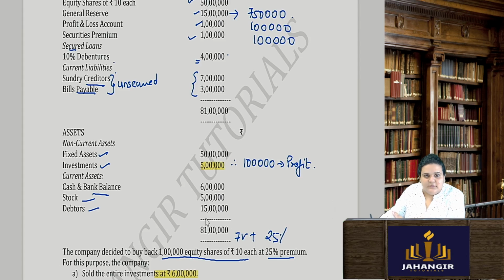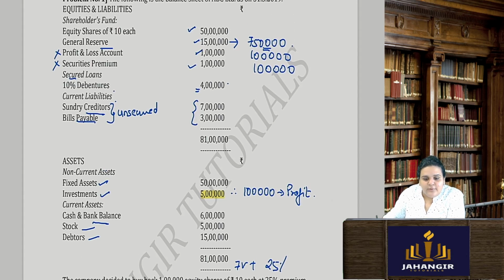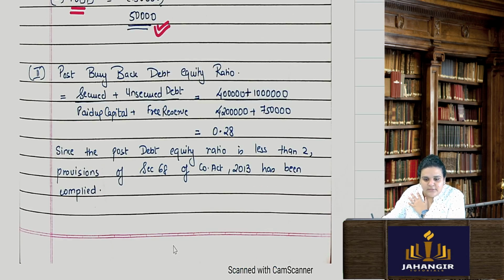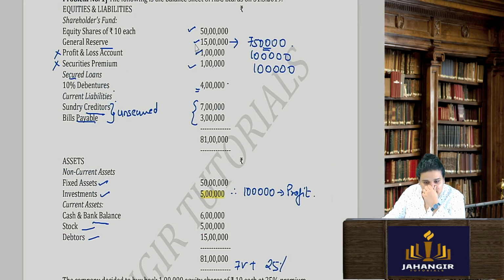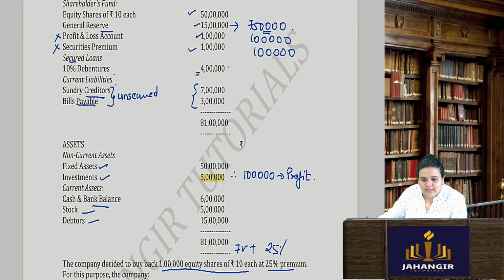In free reserves, I have already used my P&L. I have already used my securities premium. Only general reserve 7 lakh 50 is left. Also, equity shares I have bought back, no? Equity shares I have bought back. So paid up capital will now be 50 lakhs.